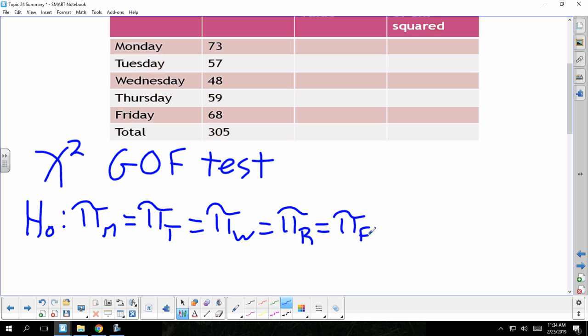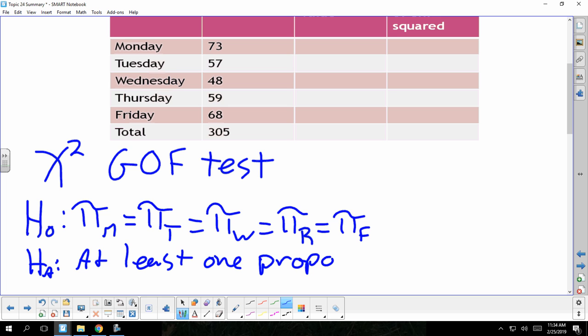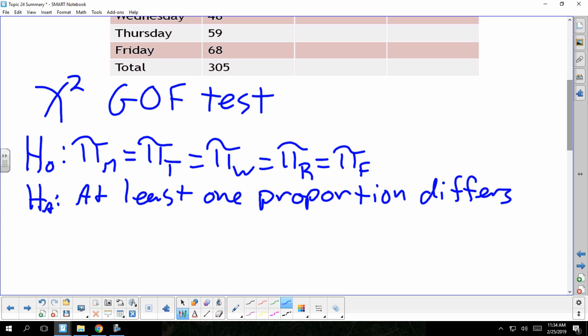And then our alternative: at least one proportion differs from the others.